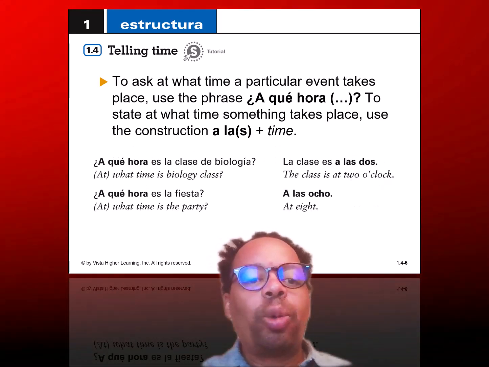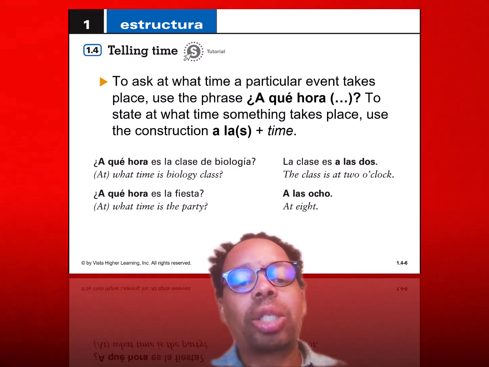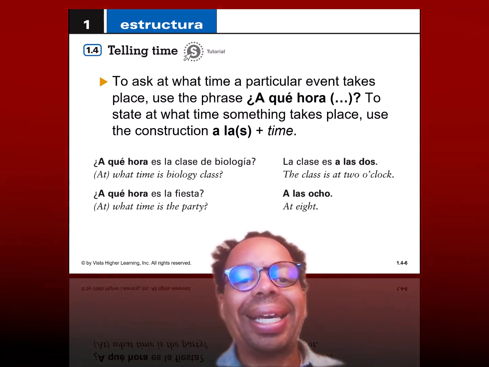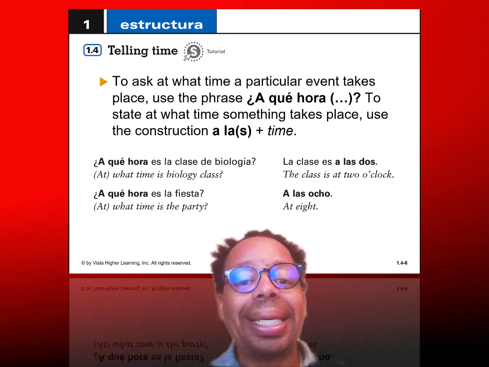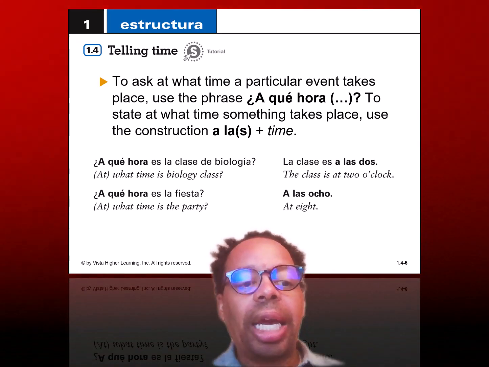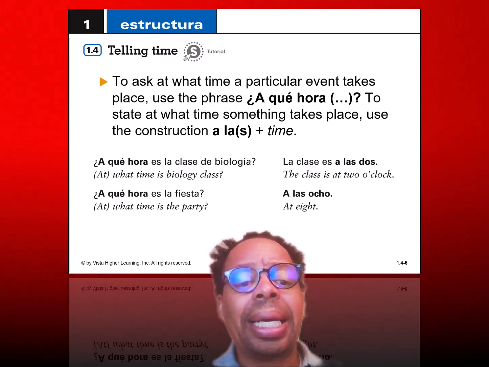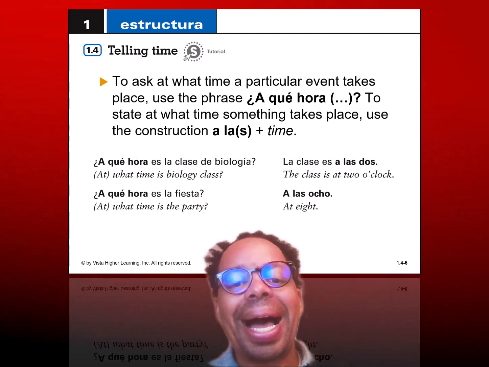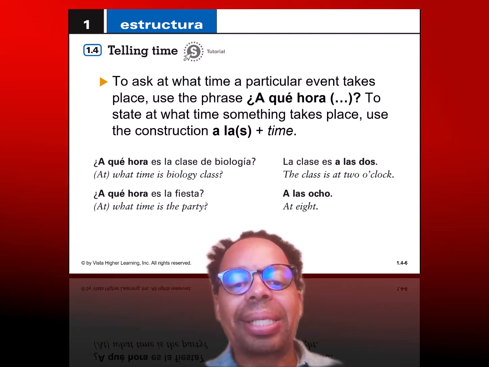To ask at what time a particular event takes place, we're not going to say qué hora es, because that's asking the time itself, but a qué hora. ¿A qué hora es la clase de biología? Notice how they respond. To respond, we say la clase es, using the verb es, a las 2. So we need to include that a, at 2 o'clock.